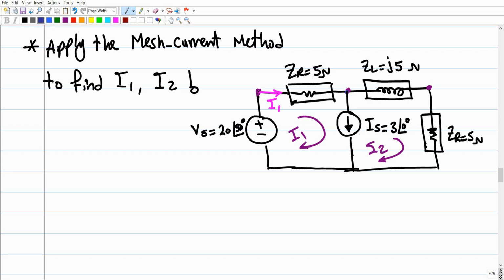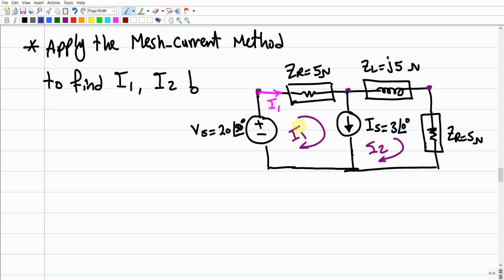We would have to apply Kirchhoff voltage law twice, but we had an experience with this one before in chapter 2, that we can come up with another equation that defines the current over this current source. This current IS, if we define it in terms of I1 and I2, is going to depend on the difference between them.